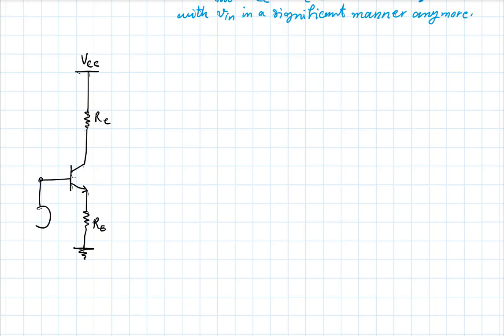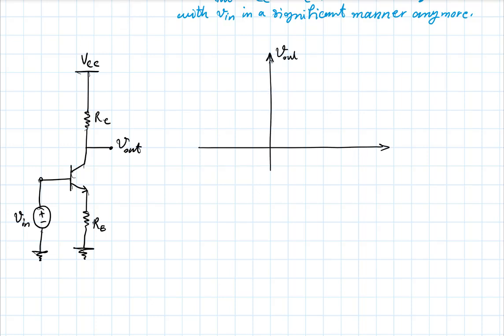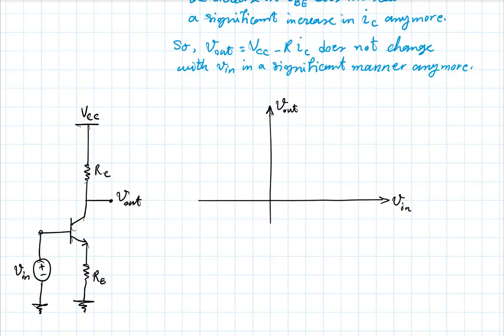Apply your V in here again, and measure V out here. Now do the IV characteristics, the output versus input characteristics for this. How do things change?